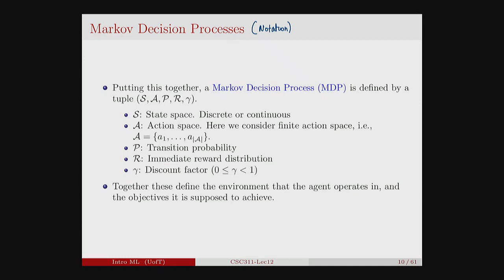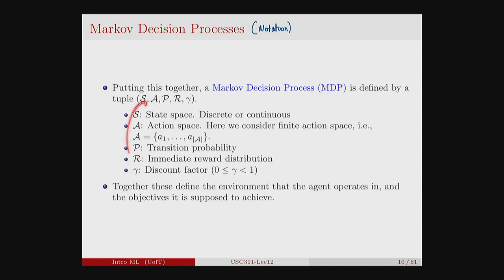It's basically this tuple of 5 things: the states, the space of all possible locations that an agent could be in; the action space, which is the space of all possible actions that an agent could take; the transition probabilities, which tells you what states you move into as a function of the state you were in and the action that you took; the reward distribution, which tells you how much incentive you have given the state that you're in and the action that you took; and the discount factor, which tells you how much to weigh long versus short-term gain.